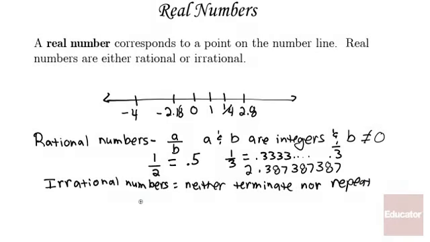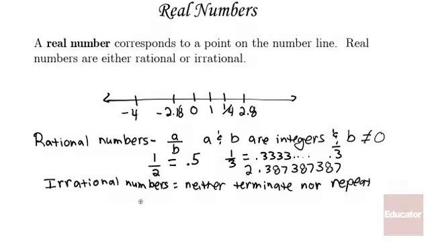For example, I could have 4.871469837246 and on and on and on, with no pattern, no repeating, and no ending. Another example would be pi. We often express pi as 3.14, but it actually goes on and on indefinitely. So it's just approximately equal to 3.14.